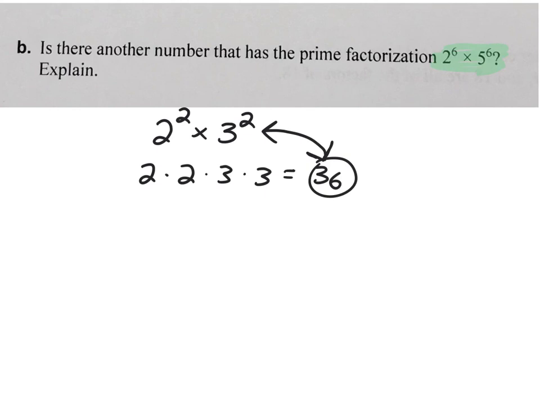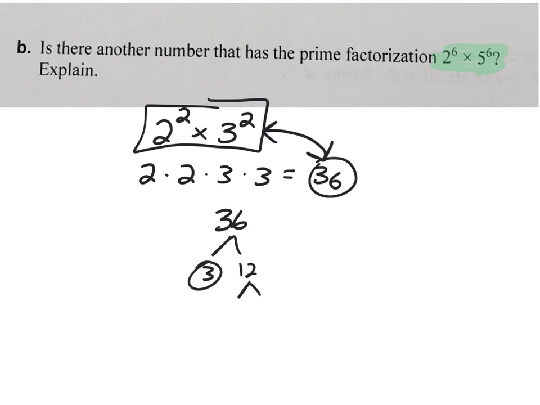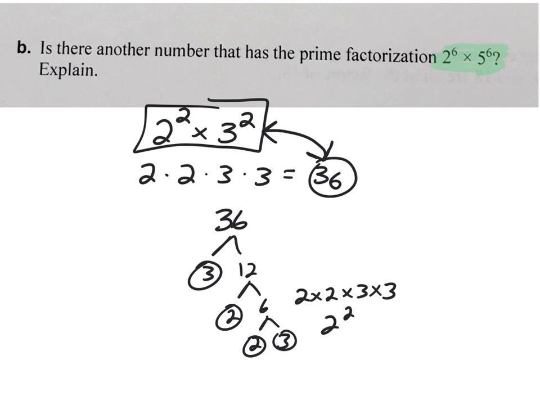So what we're saying is that this is the factorization of 36. Is there another number that has the same exact factorization? Well, let's factor 36 and see if we get something different. We can do 3 and 12, and then we can do 2 and 6, and that would be 2 and 3. Well, we still have 2 times 2 times 3 times 3, which is 2 to the 2nd power times 3 to the 2nd power.